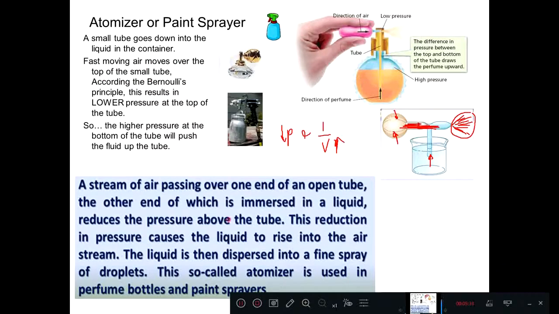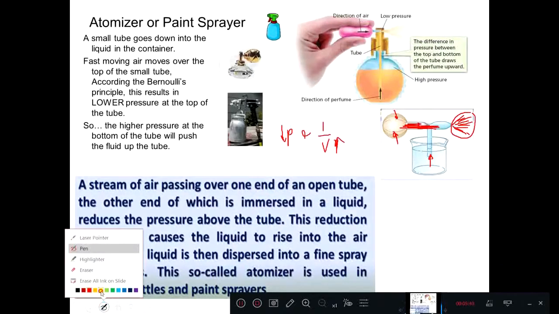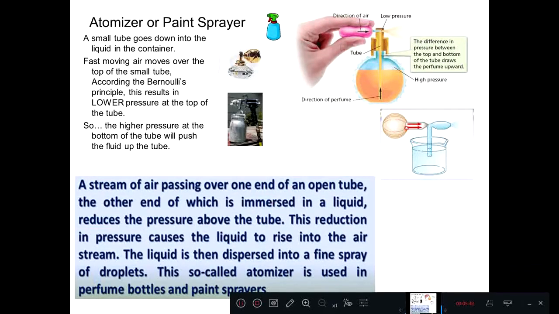As you are squeezing, the air particles are moving very fast here, and they are having a high speed.